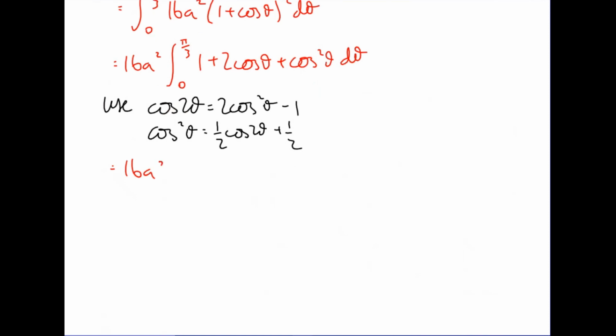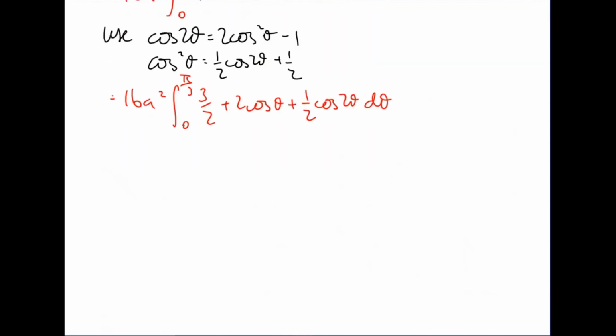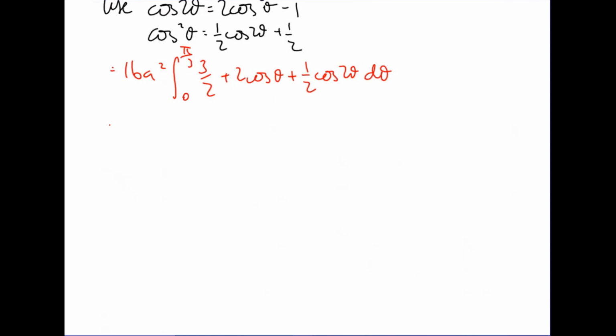So my integration is 16a squared, between pi over 3 and 0, of 1 plus this half from the double angle formula, so I'll get 3 over 2 plus 2 cos theta plus a half cos 2 theta d theta. Nice. Integrate this: 16a squared, integrating 3 over 2 goes to 3 over 2 theta.